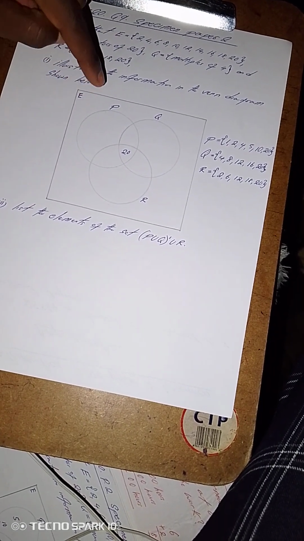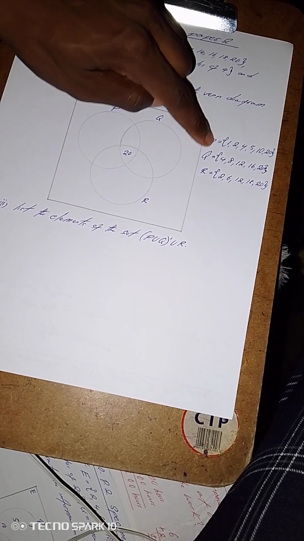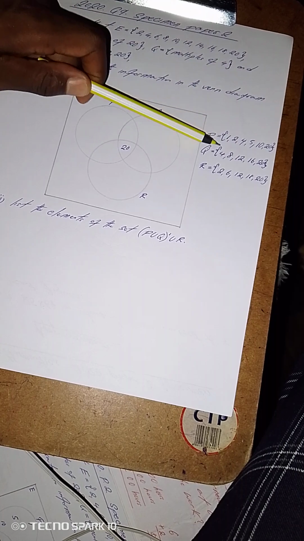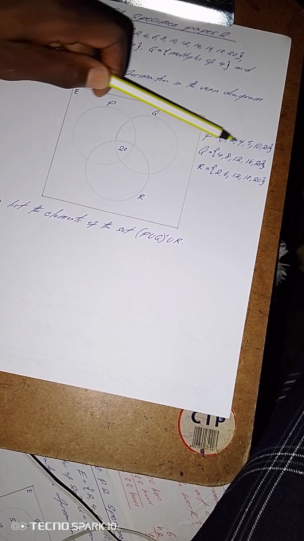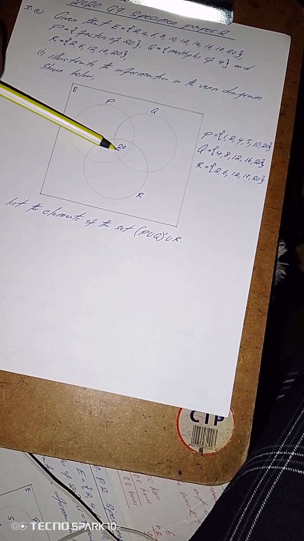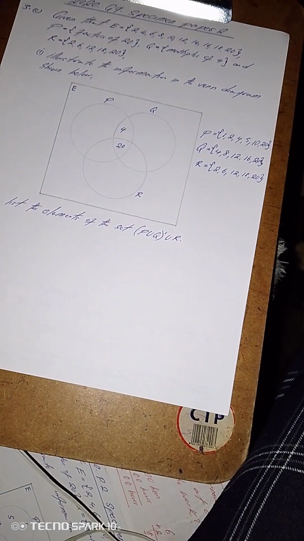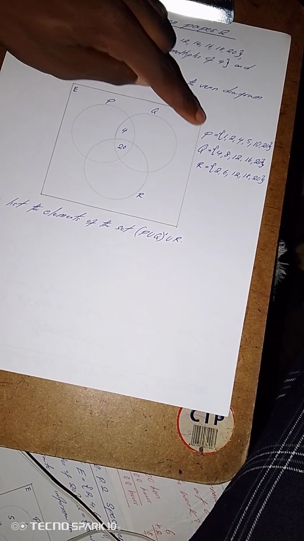After the intersection of the 3 sets, you start with the intersection of 2 sets. I'll go with PQ. I check which element is found in P and also in Q. I can see we have 4. We also have 4 here. 20 is there, it's already placed. So we just write 4 here, like that. The second one is PR.